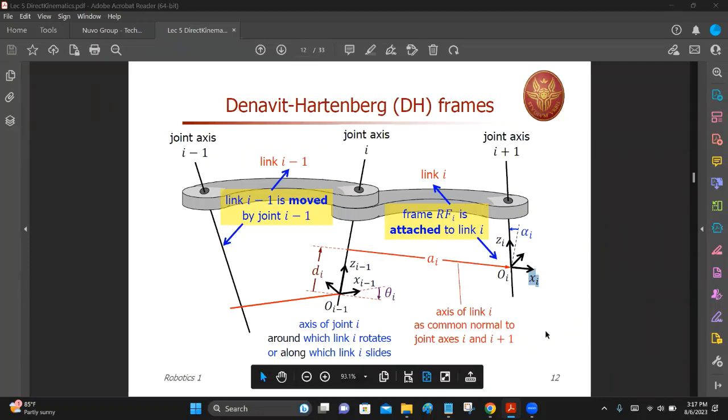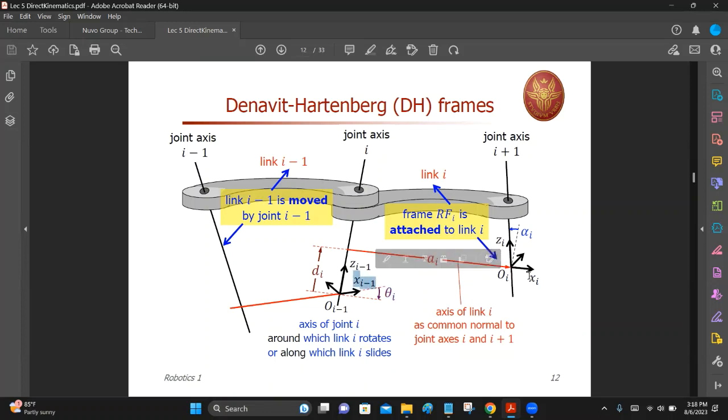Now you have the definitions for all 4 parameters, right? For example, theta I is the angle from x i minus 1 to x i around z i minus 1, because the angle is happening at this point, joint I. At this point, the coordinate frame is at I minus 1.